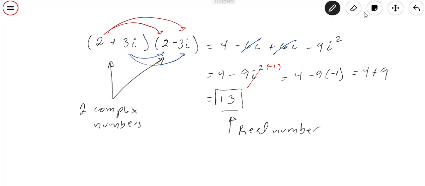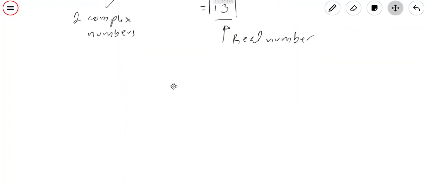So why is it important to know this? Because when we are doing the division of complex numbers, in some cases we have to use this complex conjugate. So I have to divide complex numbers.